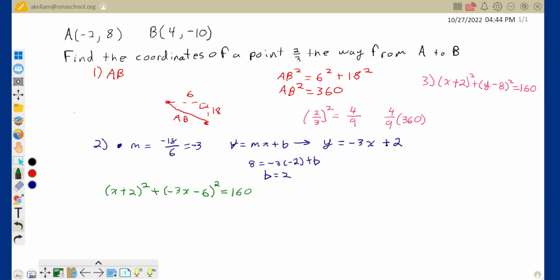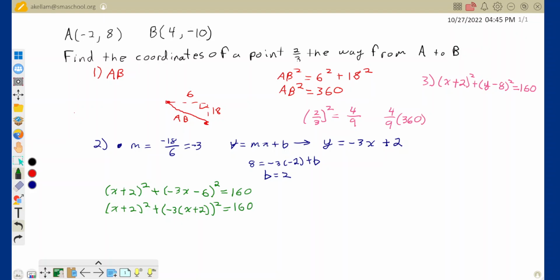We could, at this point, simply expand both of these out and use the quadratic formula, but let's be a little bit clever. This is x plus 2 squared plus, I can factor out a -3 here, and that's going to give us -3 times x plus 2, all of that squared, must be 160.